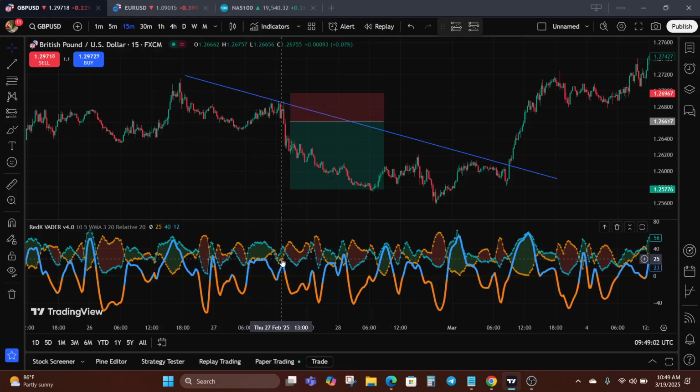So when you have the orange above the blue or above the green, and then you have the main line entering into the negative territory and changing its color to orange, that confirms your sell signal.